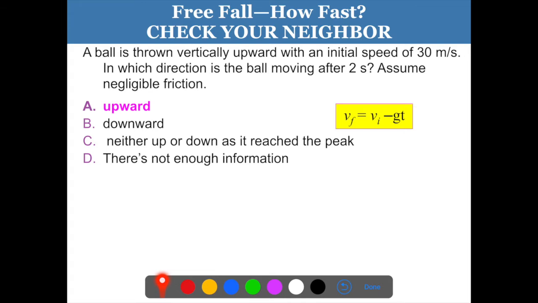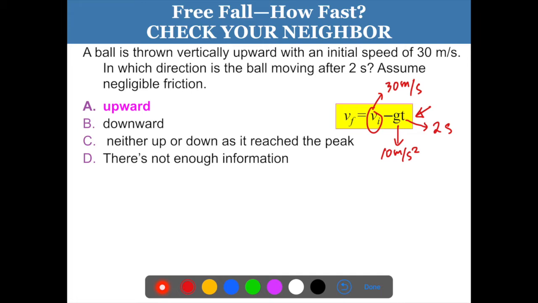All right, so if you answered that the ball is moving upwards, then you would have been correct. And you can figure that out by calculating using this equation. Given that the initial velocity is 30 meters per second and the gravitational acceleration, you can use 10 meters per second squared as approximation, you want to find the final velocity after 2 seconds.